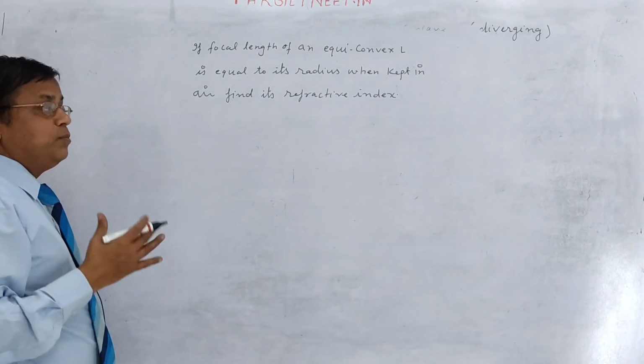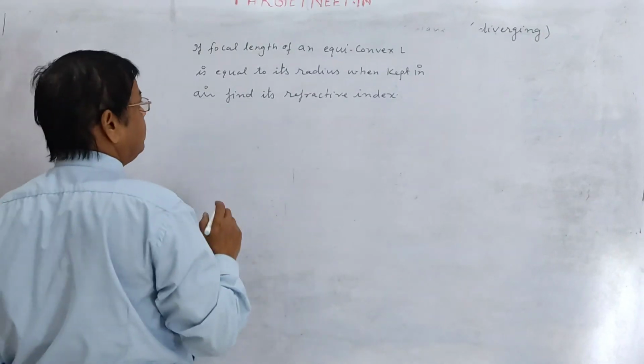Means the refractive index of the lens material we have to find.